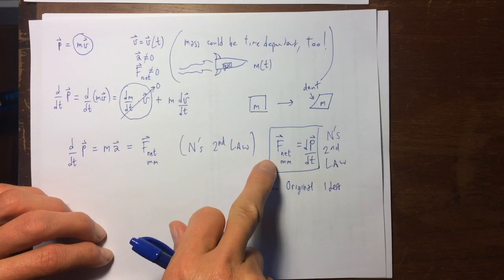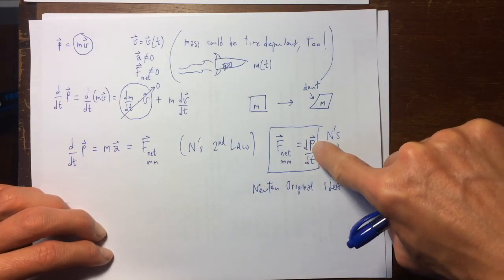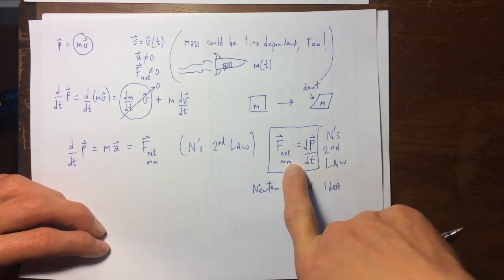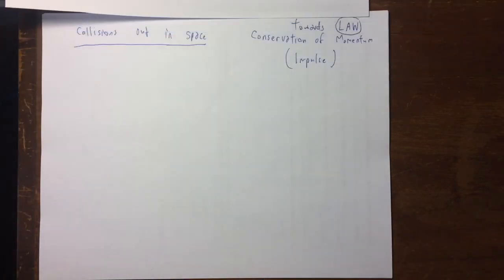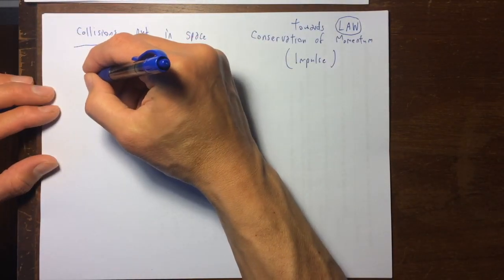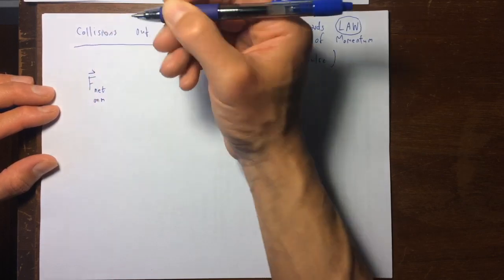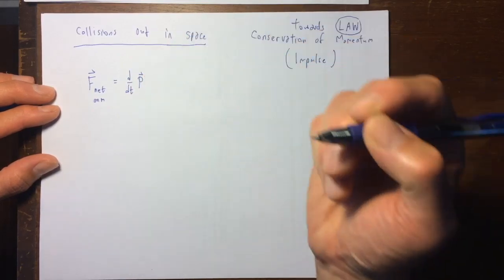So this is the net force on m is the time rate of change of the momentum of that object. I refer to it as m, but m stands for its inertia or mass. So let me rewrite that again. F net on m is a vector, and it is the time rate of change of the momentum.